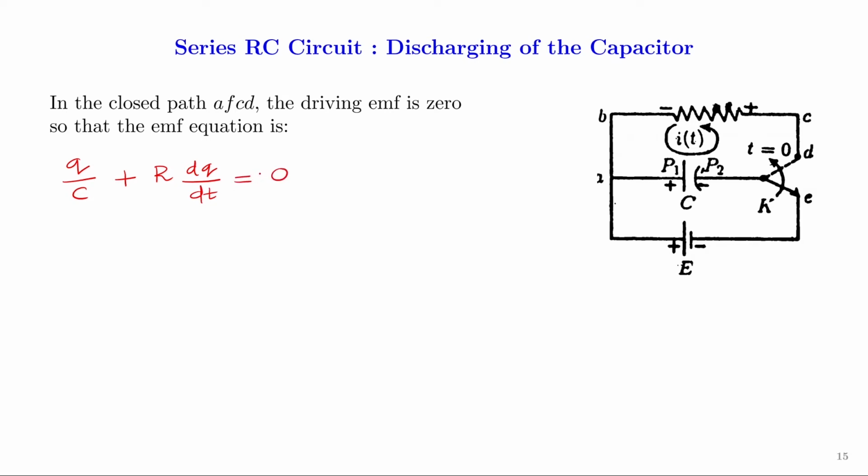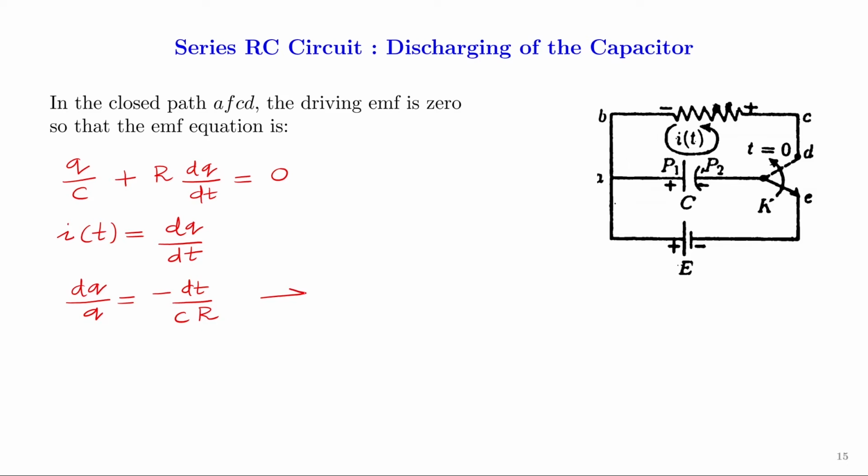Here q(t) is the charge on the capacitor at any instant of time t after the switch is moved to position D. If I(t) is the instantaneous current, we have I(t) equal to dq over dt. Therefore, this equation can be rewritten as dq over q equal to negative of dt over C times R.